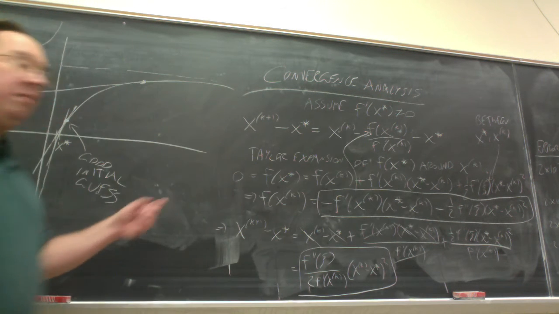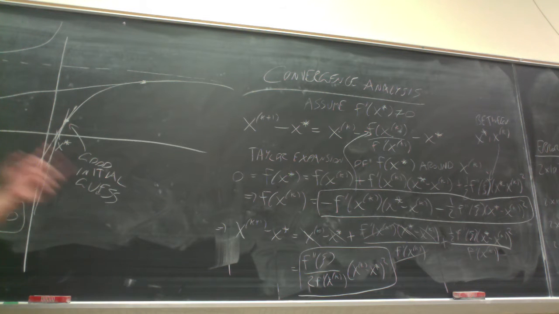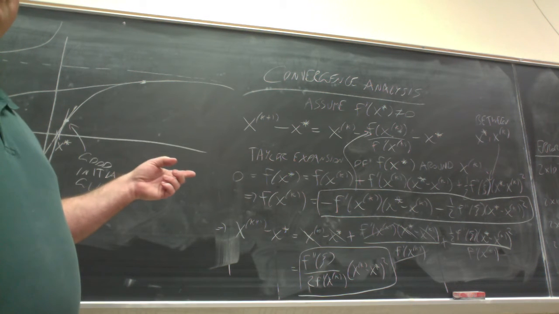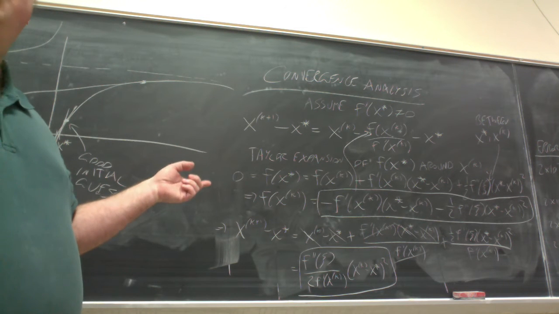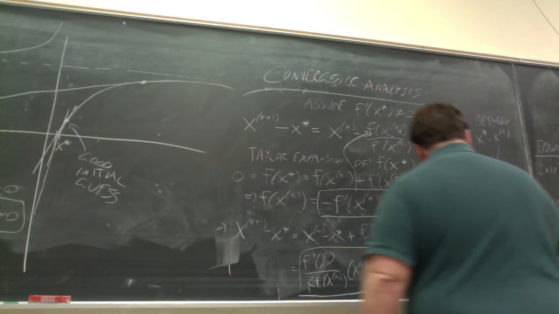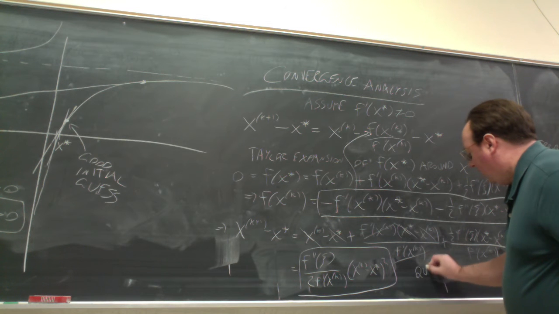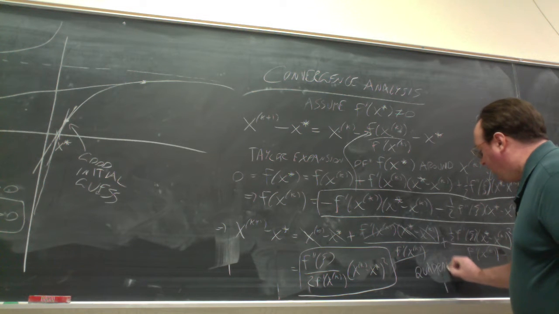All right, so new error is proportional to old error squared. What kind of convergence is that? Quadratic convergence.